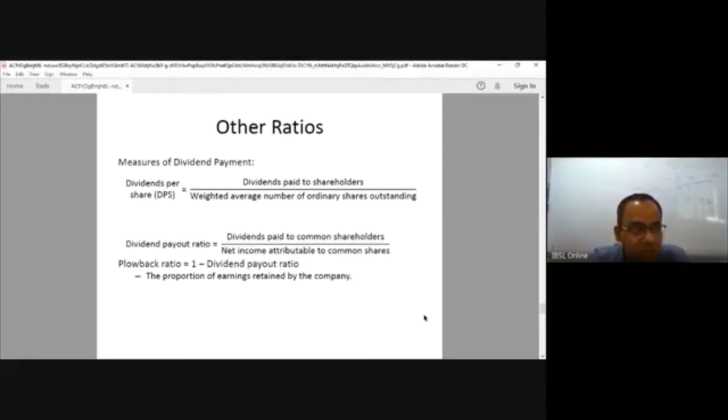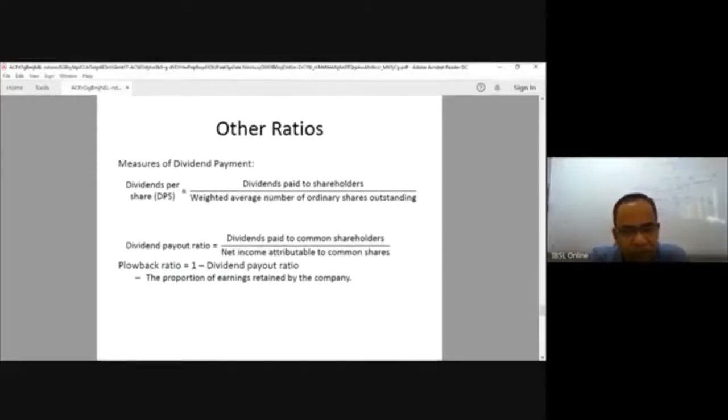So retained profit is maintained in your balance sheet, and that helps the assets to increase. The plowback ratio is how much of the profits are put back into the business.